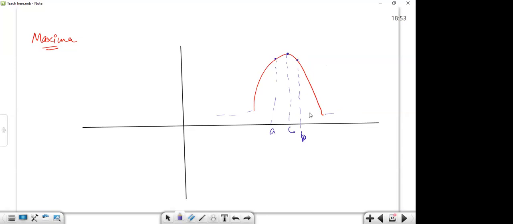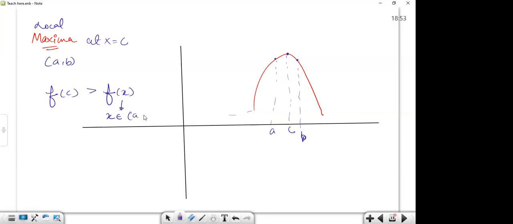From observation, we can understand there is a local maxima in A and B, and it is at x equals C. So technically, at the point C, f of C would be greater than f of x for all values of x lying in this period A and B. So this is the case of local maxima.